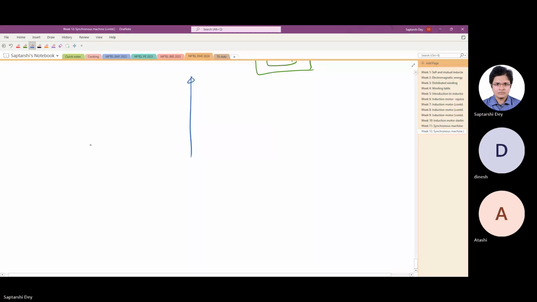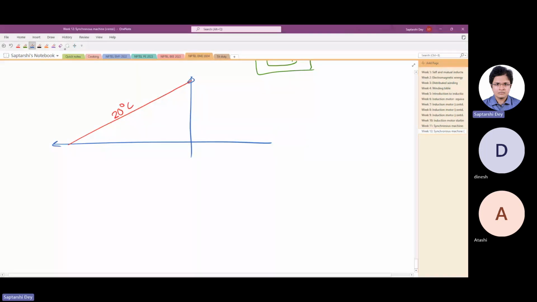So suppose the BH curve looks something like this, say at 20 degrees centigrade, and at 100 degrees centigrade, it looks something like this.